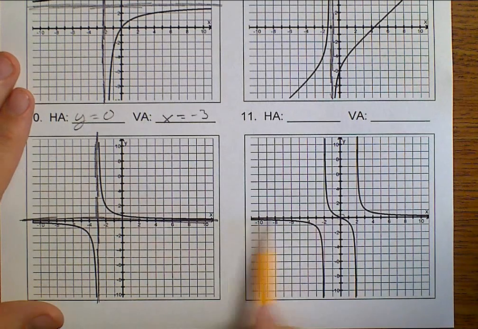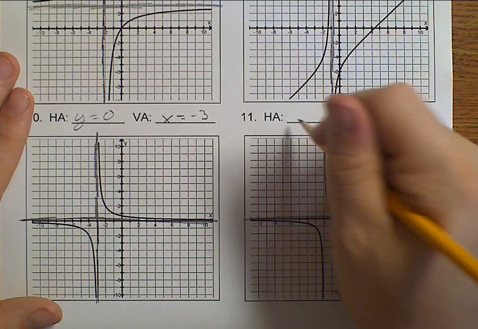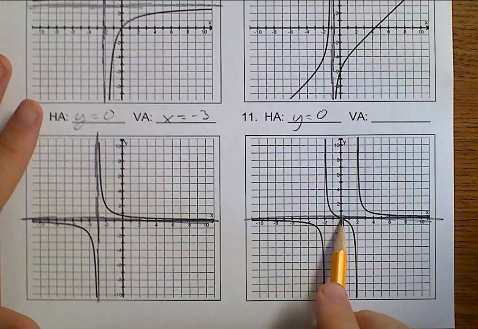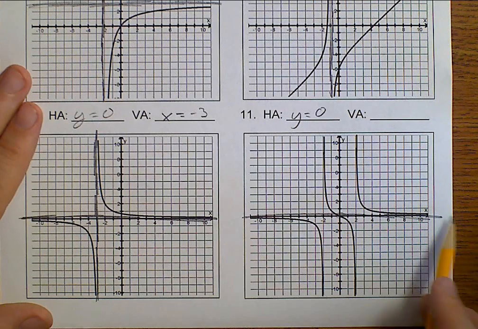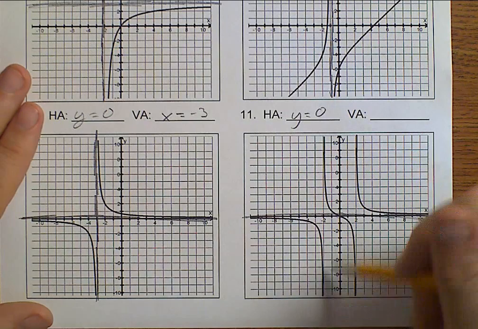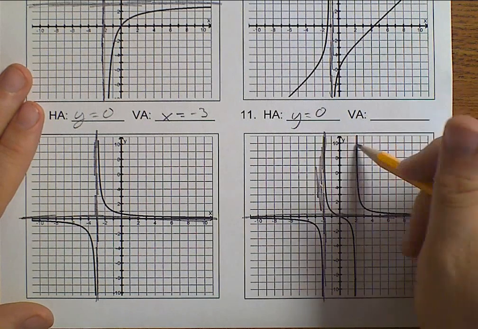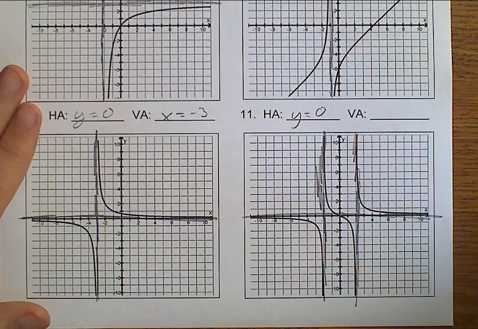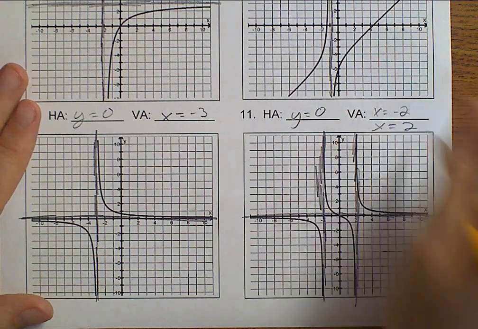But our horizontal asymptote would be this. Even though it exists right here at 0, 0, we never touch it over here. We never touch it over there. That is a horizontal asymptote. Now vertically, we have 2. We have one right here. And we have one right there. So at x equals -2 and at x equals +2.